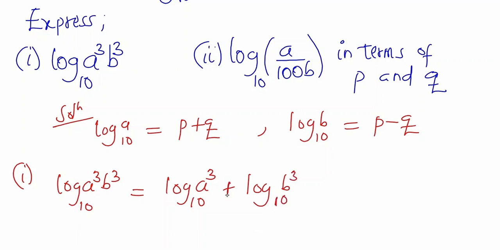So originally it was like this, and they simplified it to get logarithm of a cube b cube base 10. Now with this, considering logarithm of a cube base 10, it can be written as 3 log a base 10, and the same thing when we look at logarithm of b cube base 10, it can also be written as 3 log b base 10.